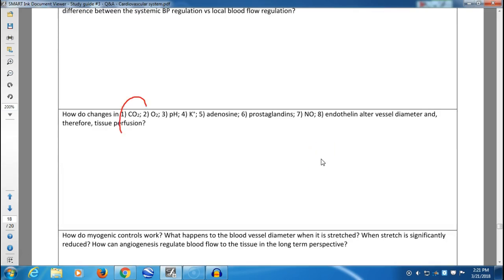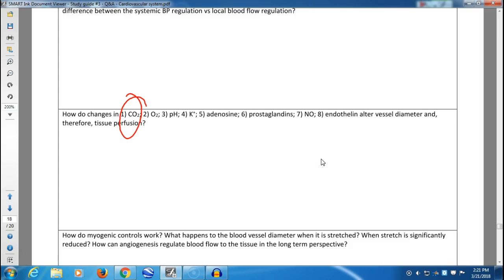Okay, elevated CO2. The next statement should be increases local blood flow or decreases local blood flow. So, let's start again. Elevated CO2 increases local blood flow. Elevated oxygen decreases local blood flow.